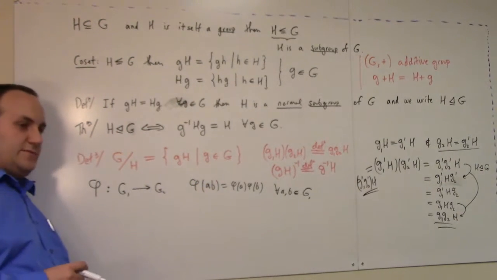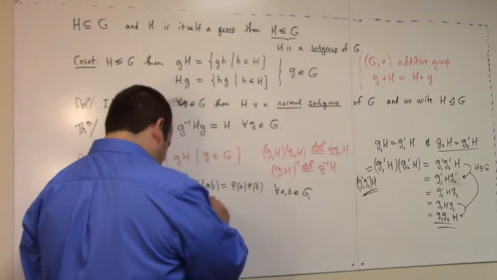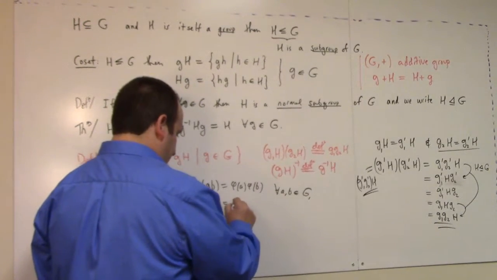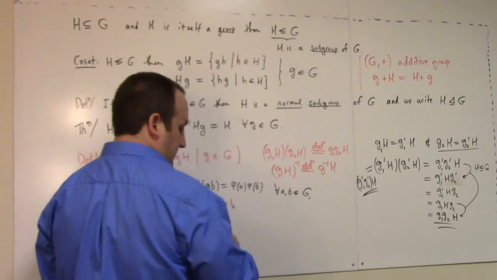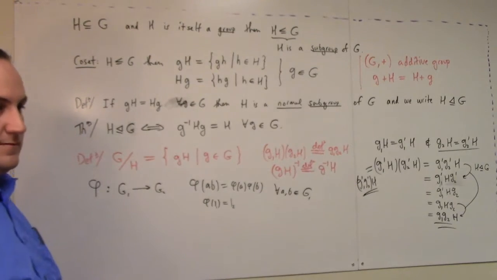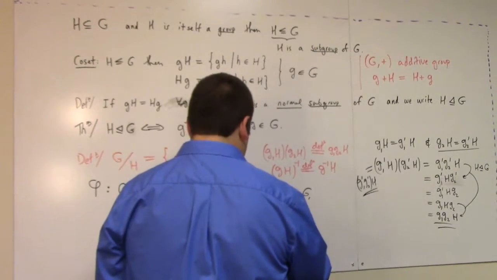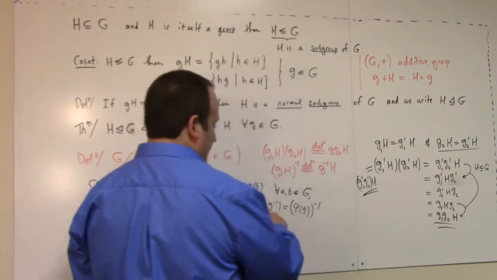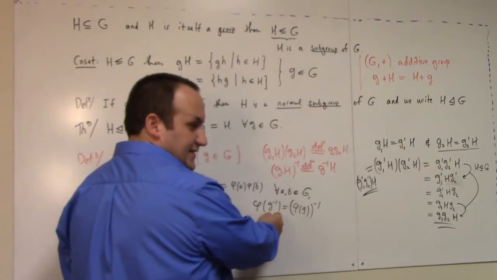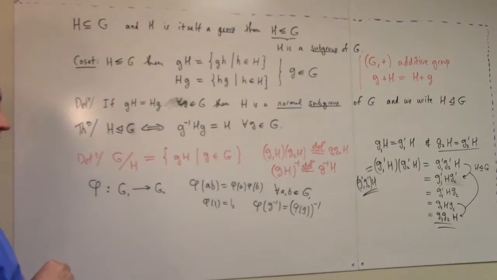I'm assuming they're both multiplicative groups. You can prove things like, for example, the identity in G1 has to map to the identity in G2. The inverse in the first group has to translate to the inverse in the second group in this sense as well. Is there anything else important about homomorphisms I should say, Daniel?